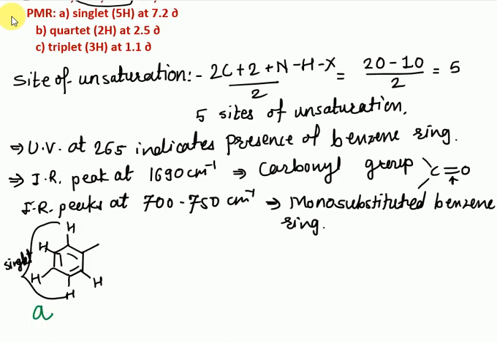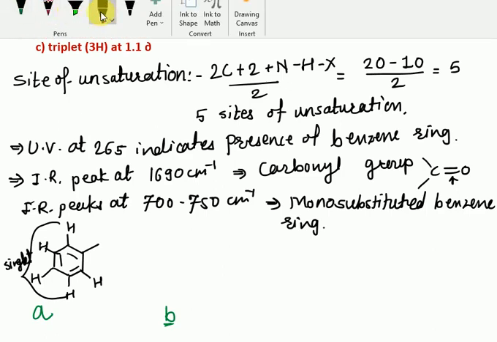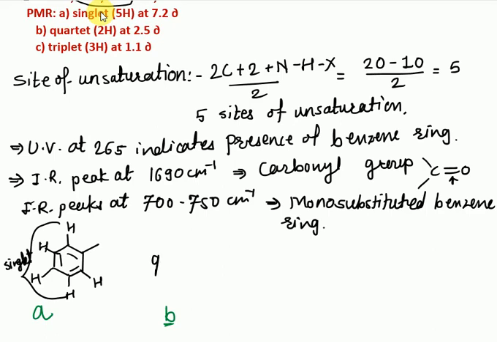Then second is a quartet for 2 hydrogens. These 2 hydrogens show a quartet, meaning 4 signals.